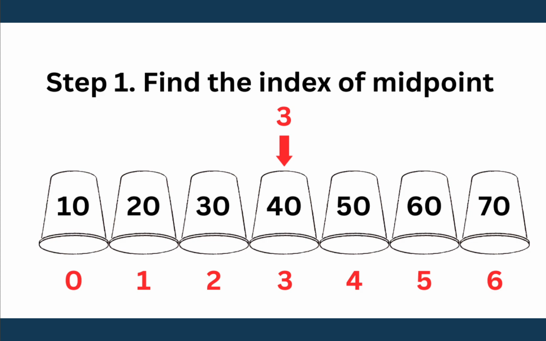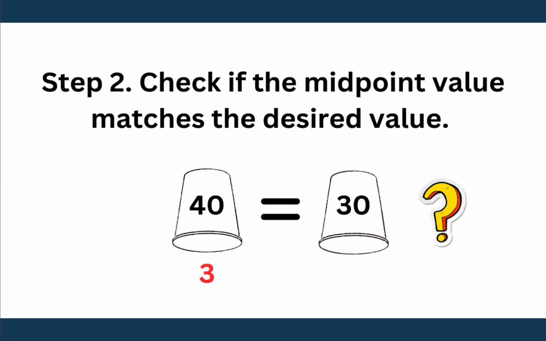So then I need to take that value or that item and compare it to the value that I'm looking for. So if they are the same, then we're done and the algorithm stops and we answered our question.